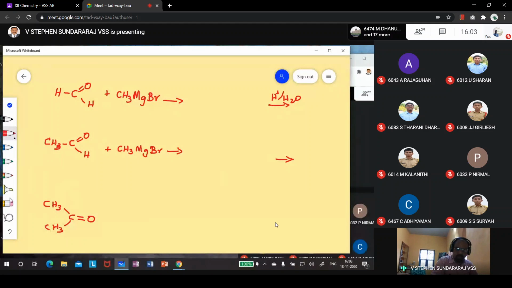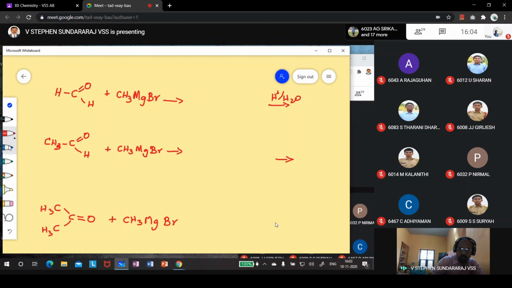Always learn this, I wrote it like this because you people should also learn slowly. Always have a habit of writing carbon here, hydrogen this side, carbon here, hydrogen this side. See, the carbon-carbon bond is very clear. Here also CH3MgBr.